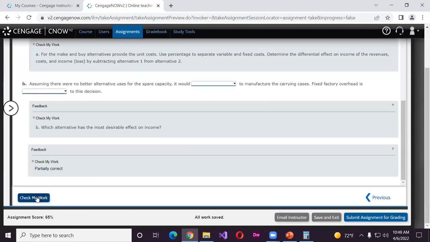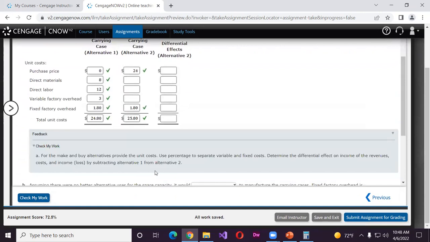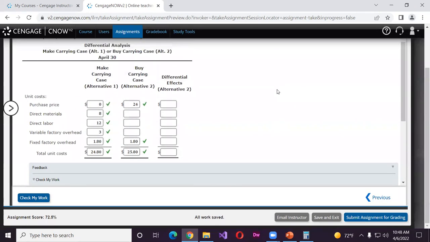So again, we can check it real quick to make sure we're on the right track. And then the differential effect is just what it looks like. So I'm just taking the make minus the buy.